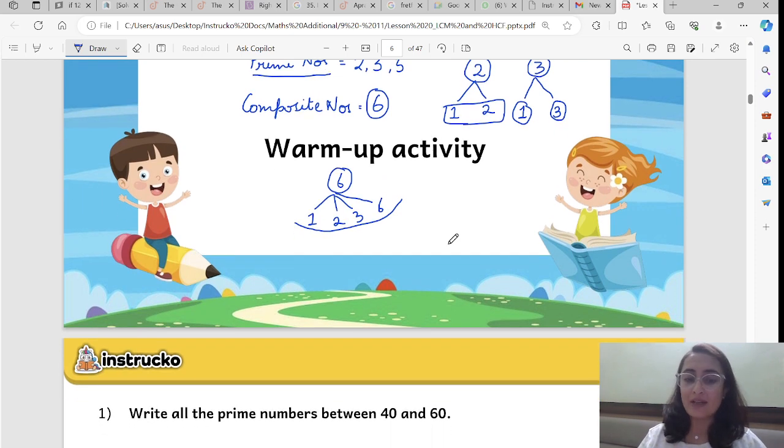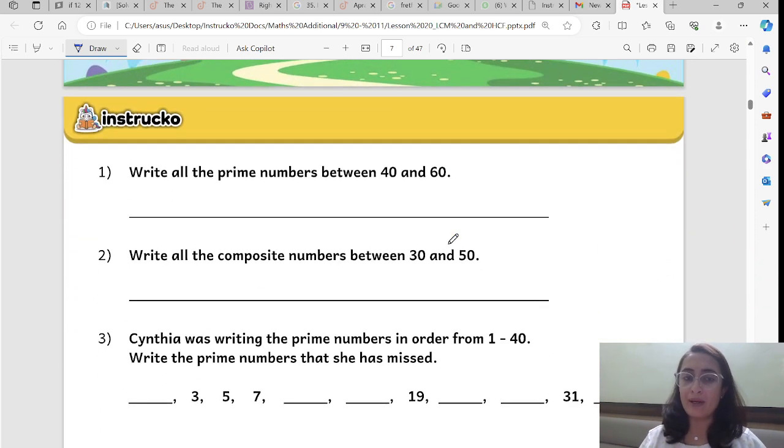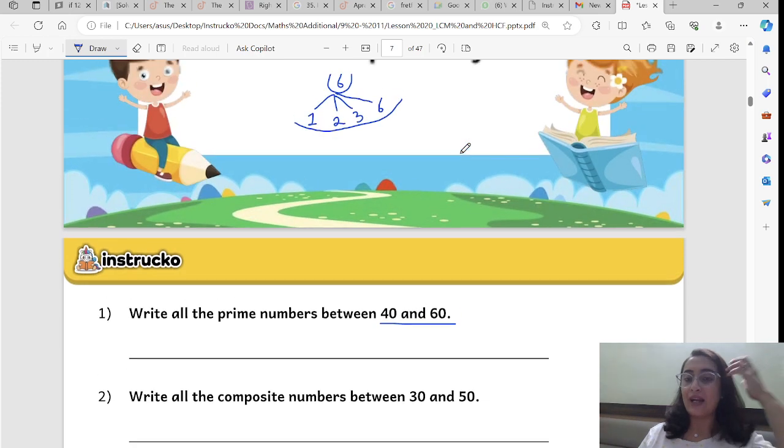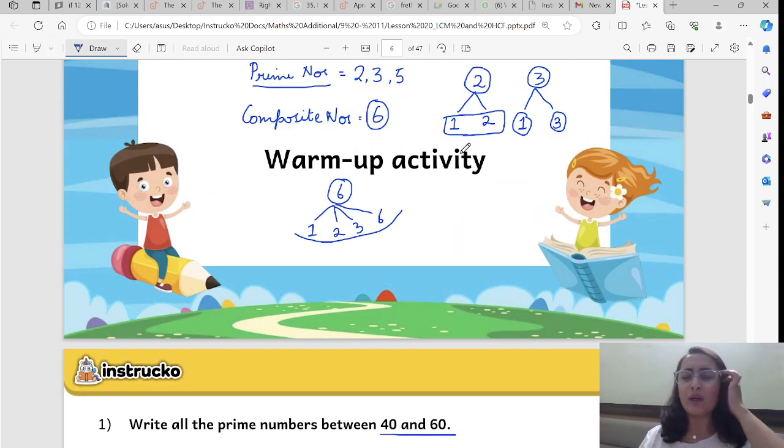Now let's practice a few questions on prime numbers. Here I have to write down the prime numbers between 40 and 60. Before I start doing that, I would like to explain one thing to you, that there is only one even prime number. Before we understand it this way, I hope all of you are clear with the meaning of even and odd.